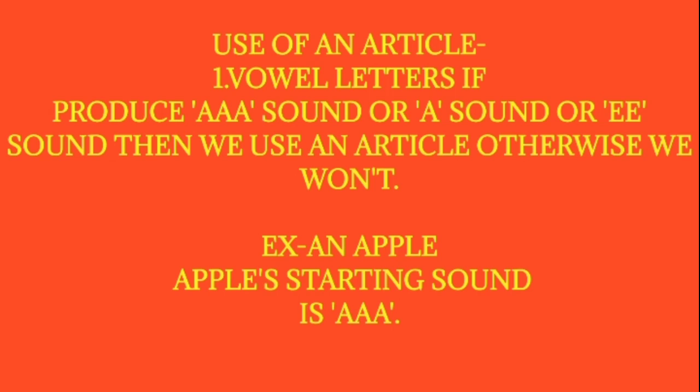Any word, if its first alphabet is a vowel letter and it produces an A sound or an E sound, only then we use an. Otherwise, we won't. For example, an apple. Here, the starting sound of apple is A. An apple.